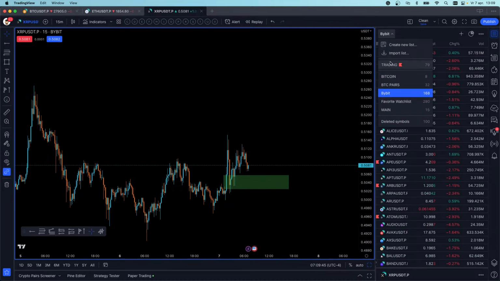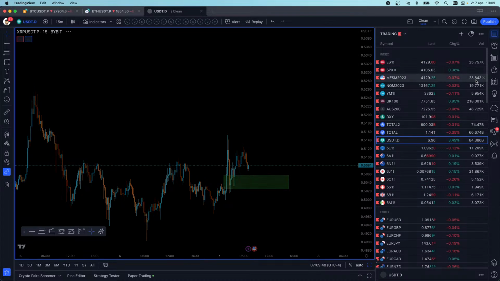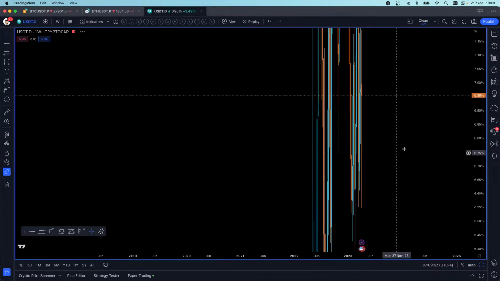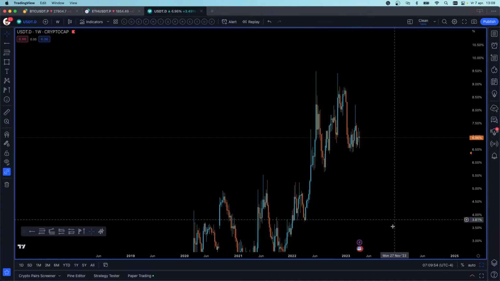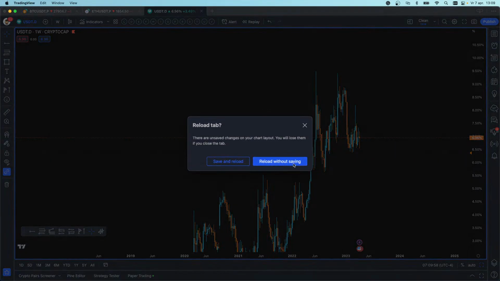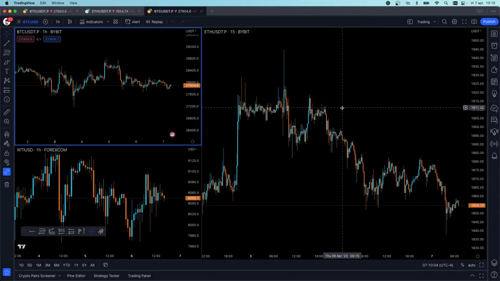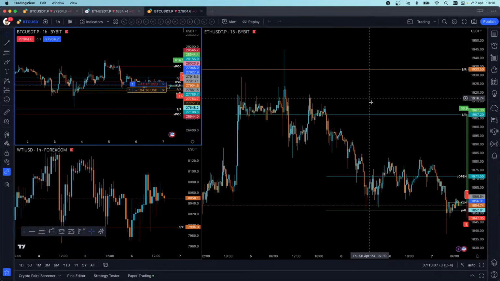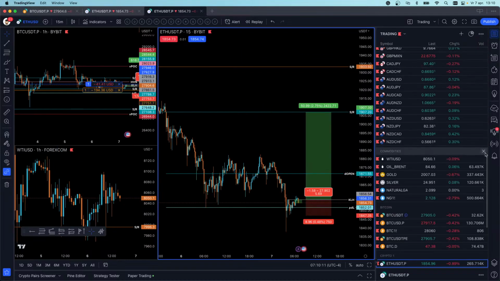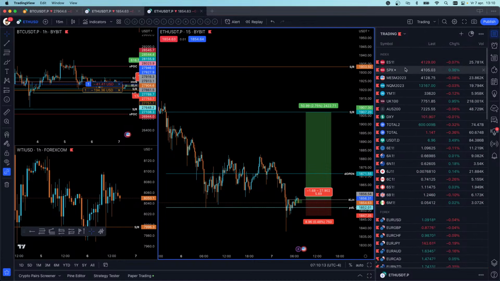That would be on the trading pair. And here as well, I started on a weekly, but I need trading USDT.